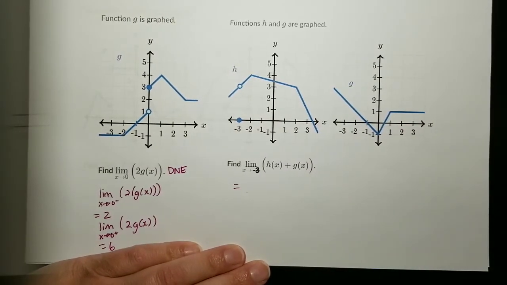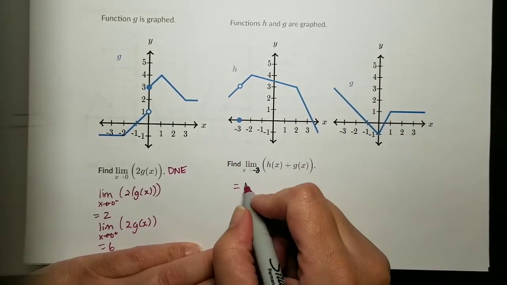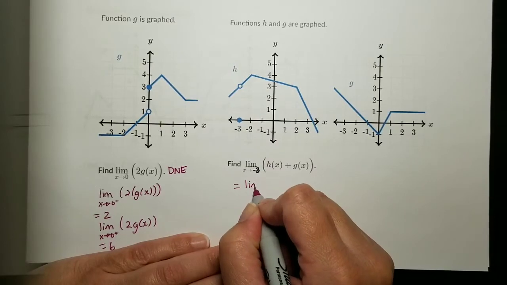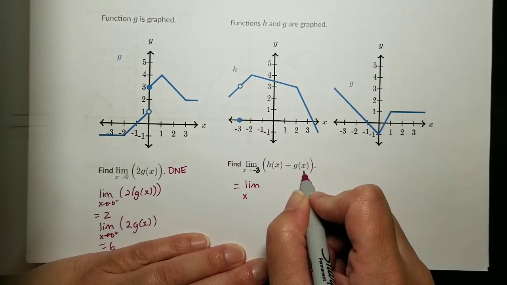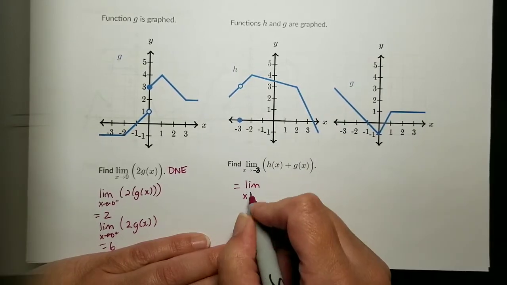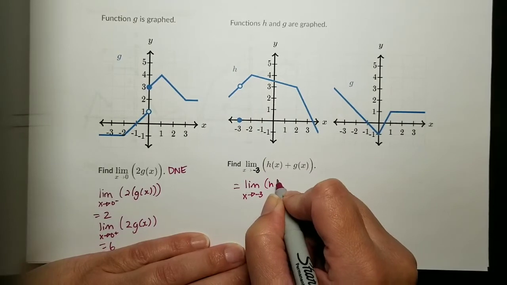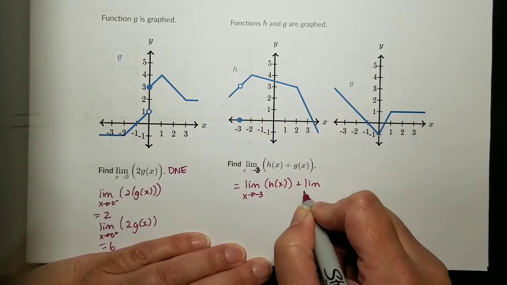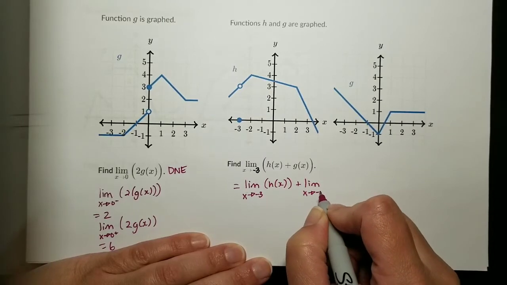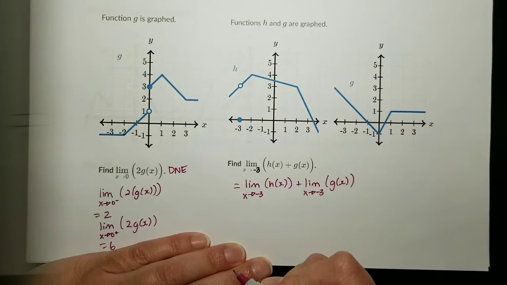If we have continuous functions or limits that exist, we could say that the limit as x approaches -3 of h at x plus g at x, so combining those two functions, is the limit as x approaches -3 of h at x plus, remember our limit properties here, the limit as x approaches -3 of g at x.